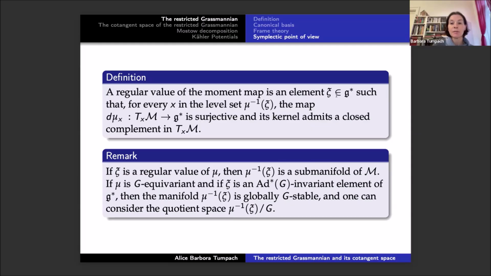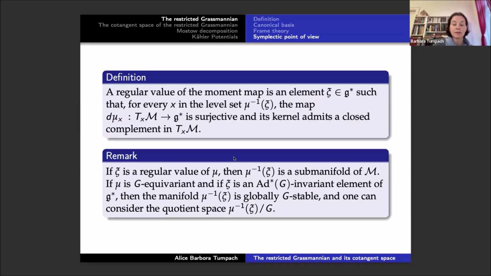a regular value of the moment map if you take the inverse image of this element, then the differential of the moment map is surjective at each point x of this level set, and also the kernel of this differential admits a closed complement.